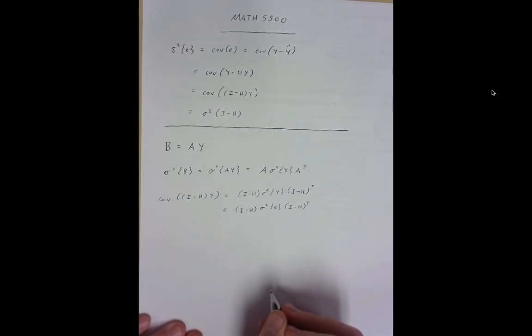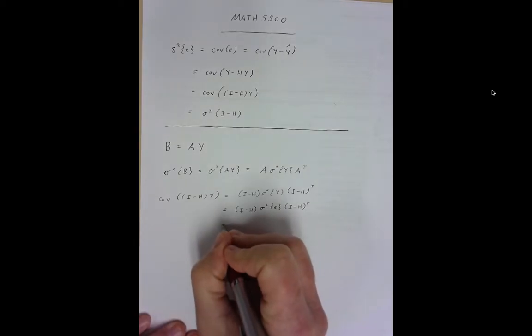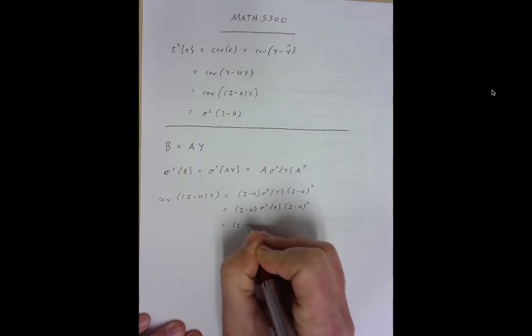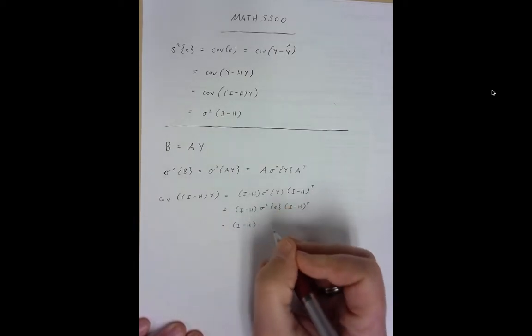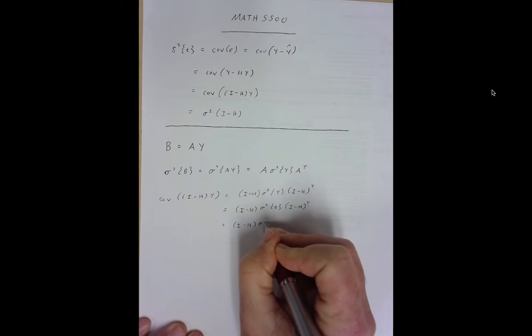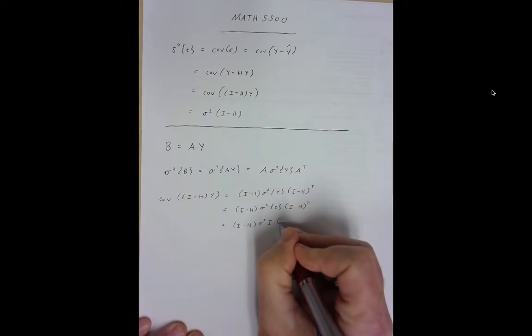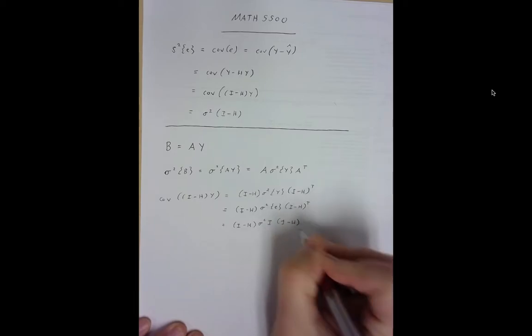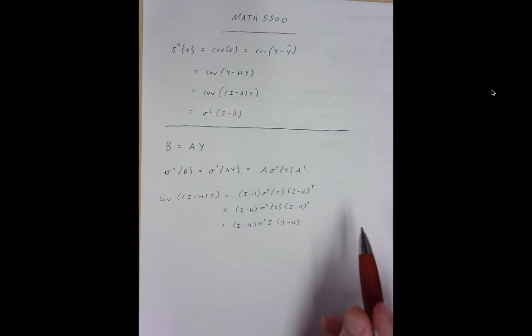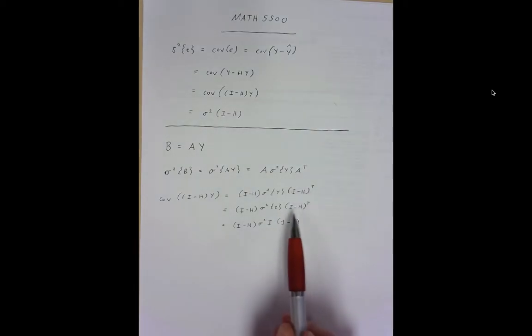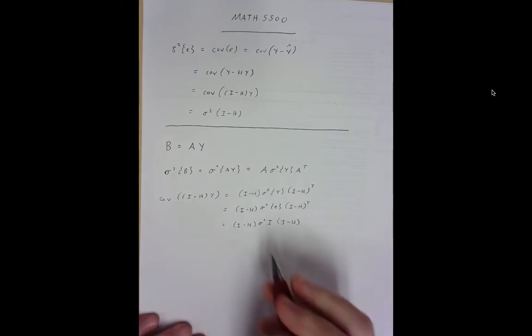Okay, now next thing we know is that this can be rewritten as I minus H, and this would be the mean square error of the identity matrix times I minus H, and we don't have transpose, and the reason is because of the symmetric nature of this I minus H matrix. The transpose is going to be equal to the, so I minus H transpose is going to be equal to I minus H.